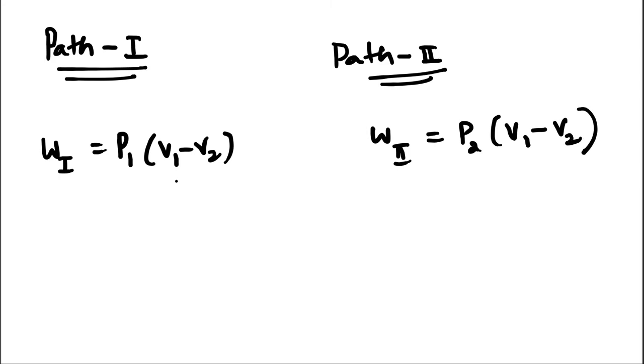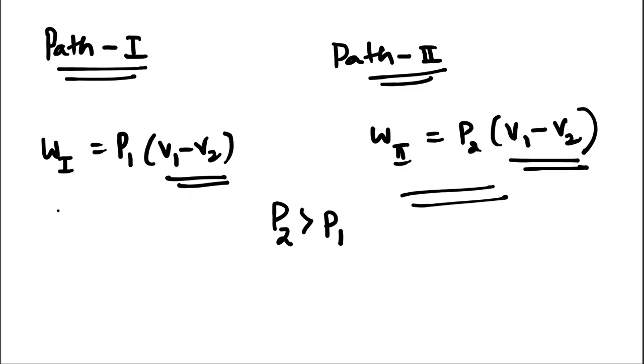Now, these two terms are the same, and we already know in the beginning, P2 is greater than P1. So that indicates the W2 term is bigger than the W1 term. That means work done in the second path is greater than work done in the first path. Therefore, what is the conclusion here?